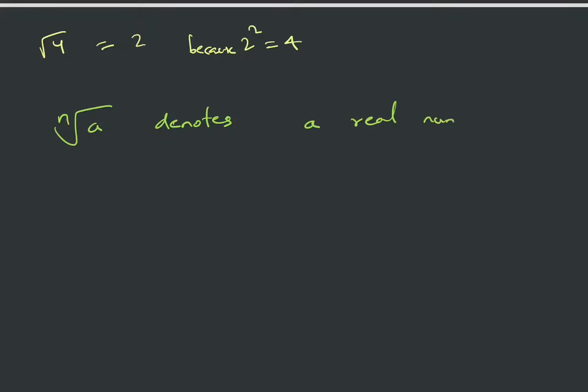For example, if I ask you what is square root of 4, then you simply write it as 2 because 2 square is 4. So similarly nth root of a denotes a real number x for which x power n is equal to a.